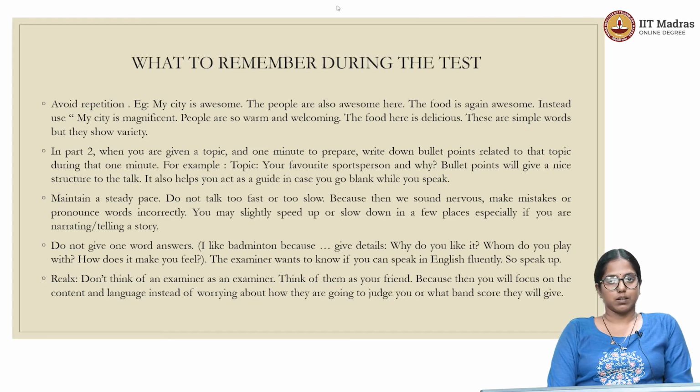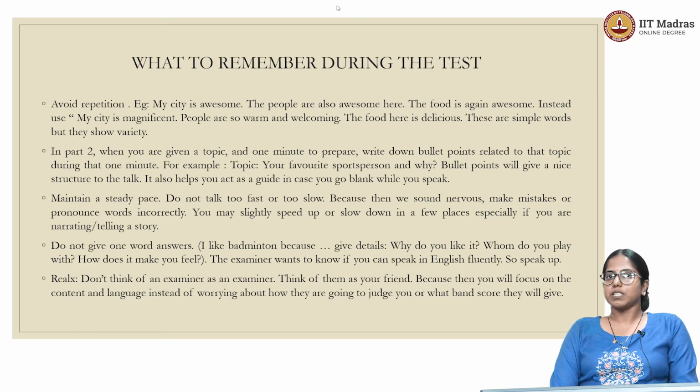If you don't speak, they'll not know how good you are at the language. So instead of saying I like badminton and stopping there, you could say I like badminton because, and then give details. Say why you like it, or whom you play with, or what you feel, or how it makes you feel. So the examiner wants to know if you can speak English fluently. So the best way to help them with that is by speaking up.